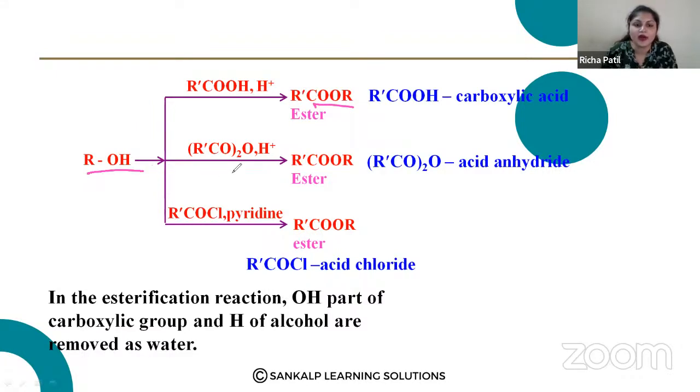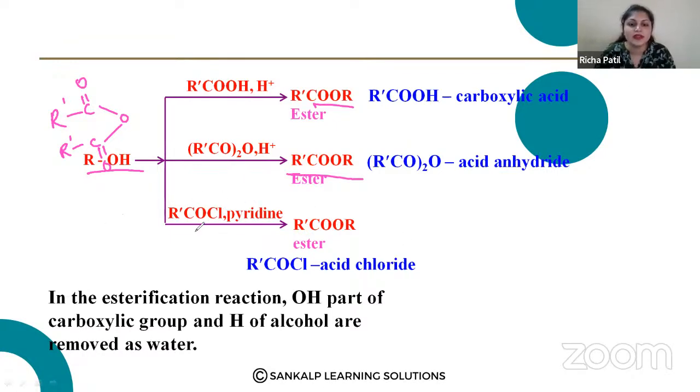If you react your alcohol with the acid anhydride, like this, what does it yield? Ester. So these are the three methods from which you can form your esters.